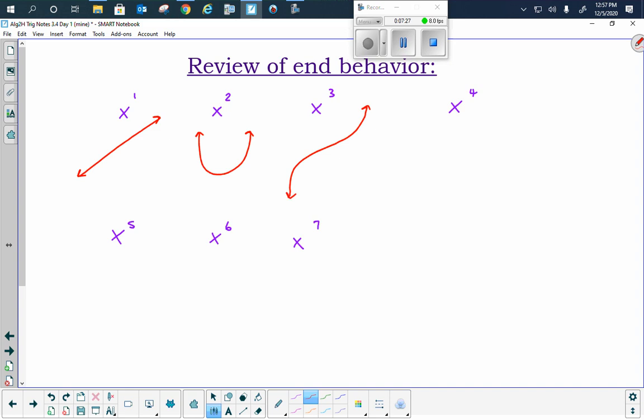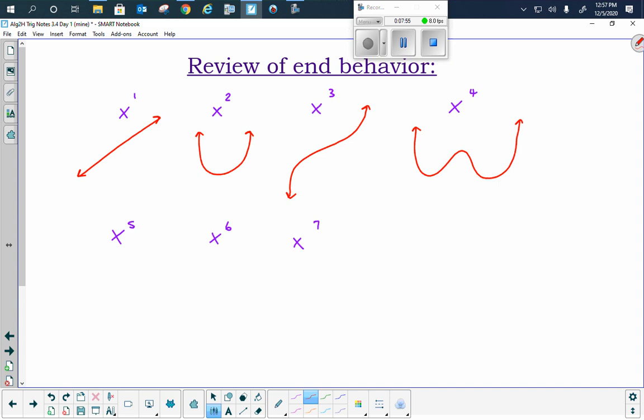Okay, notice all the ones on the right side are rising to the right, and the ones on the left are alternating, right? The first one is falling, the second one is rising, the third one is falling to the left. If you're standing in the middle, that's our new wording. Okay, so on x to the fourth, then the arrows both better be going up.